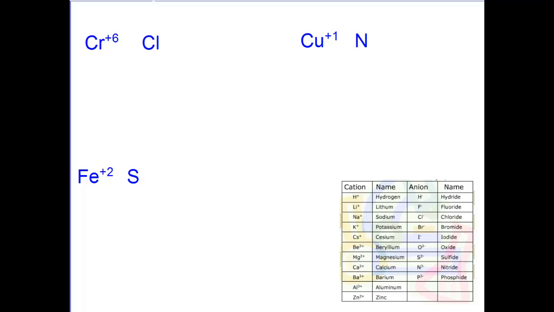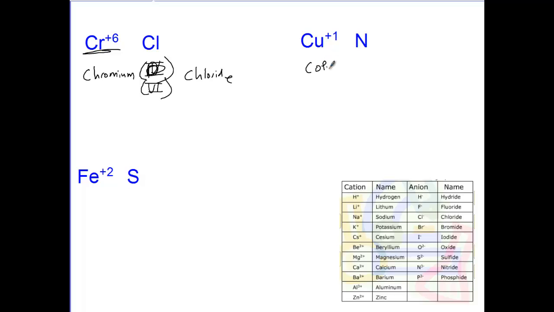So looking at this right here, chromium is in groups 3 through 12. So I'm going to put chromium. And then I show you the charge here so you know what Roman numeral to put in. So I've got 6, so there's the Roman numeral for 6. Oh, I'm sorry, that's 4. So chromium 6, and then chloride. Copper is also in those transition metals.